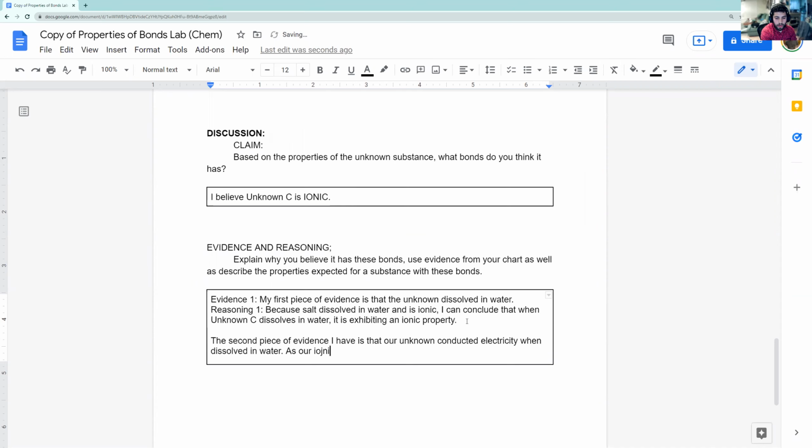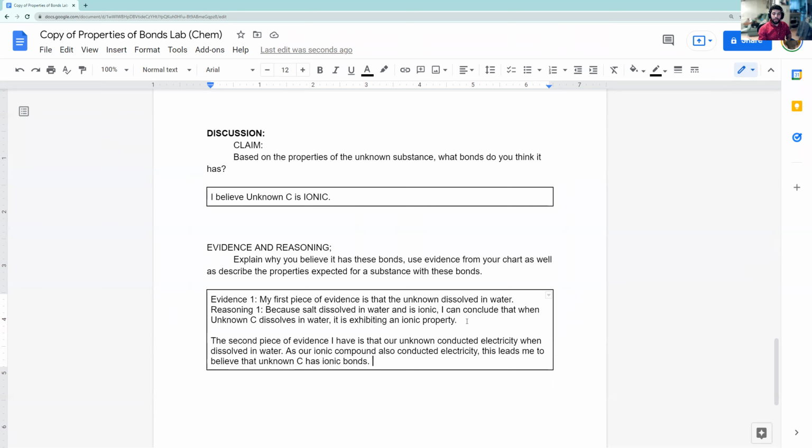As our ionic compound also conducted electricity, this leads me to believe that unknown C has ionic bonds. Now, the other part of reasoning is being able to use scientific principles.